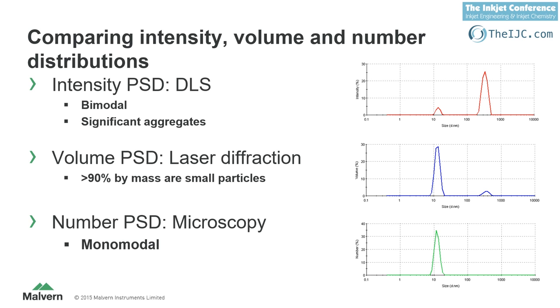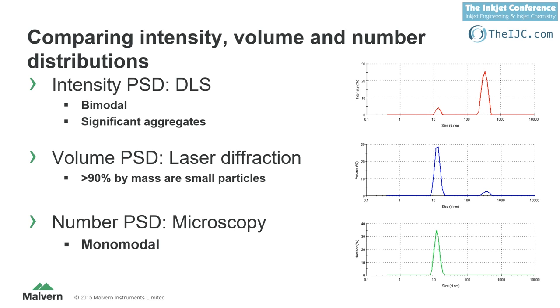Finally, if you were to look at this sample by microscopy, and that's where this example came from, somebody had measured the gold nanoparticles by TEM, and they come up as all being 10 nanometers in size. And we measured them by DLS, and they were mainly in the hundreds of nanometers by size, so it's a bit confusing. And here, each of those particles is going to contribute equally to the number distribution.